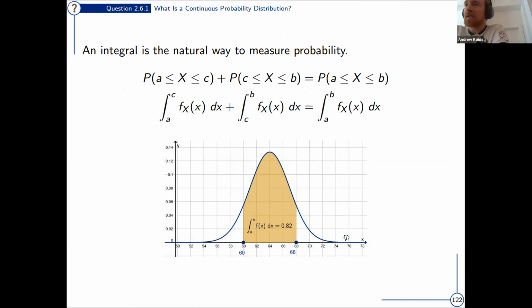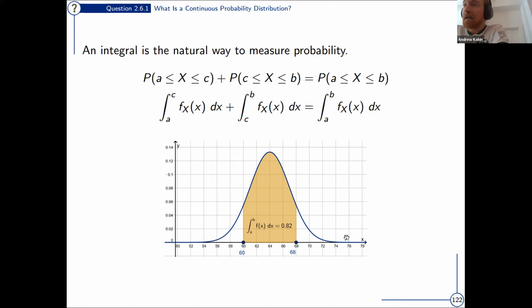Here's a picture to keep track of what's going on visually. I encourage you to keep this graph in mind anytime you do any type of probability calculation. So if we have a continuous random variable x, and we know its probability function f has some graph, this kind of looks like a bell curve, which we'll learn about later in this lecture.